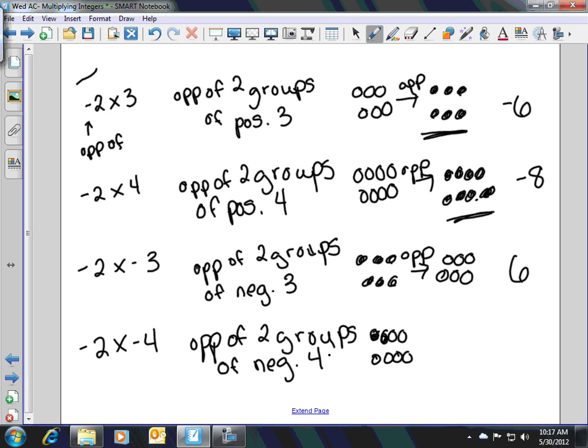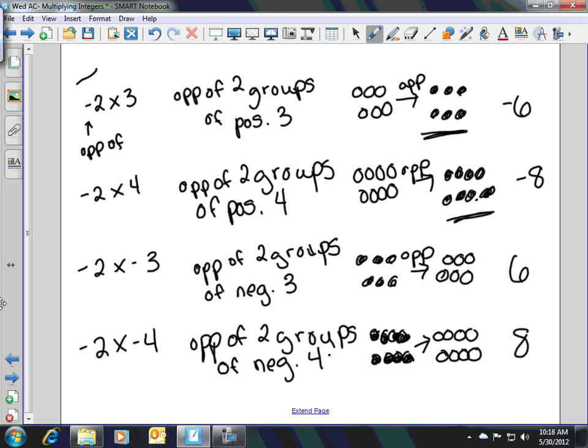Let's color them in. Sorry, that's a little messy. But remember, we wanted the opposite of that. So the opposite of 2 groups of negative 4 is 2 groups of positive 4. So what that comes up with is a positive 8 answer.